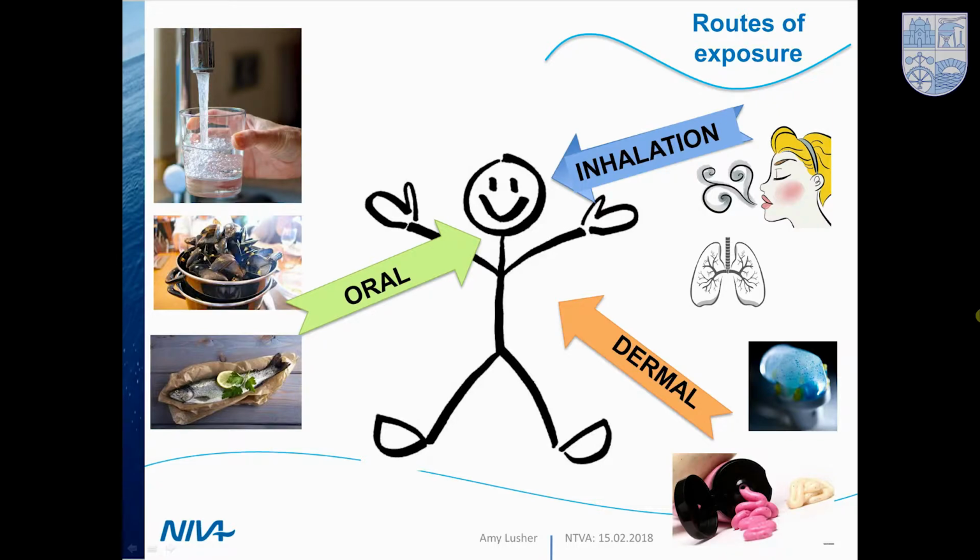So there are multiple different routes by which humans can be exposed to plastics, and I will go through all of them. But as an overview, we can be exposed to plastics orally through ingesting plastics in our foods, through inhalation if we breathe in microplastics that could be present in the air, and also through skin exposure, so through dermal exposure, if microplastics are on our skin and they cross the dermal boundaries.